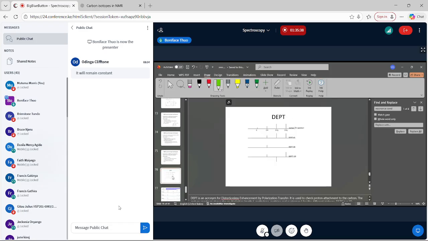We also have another technique known as DEPT, which means distortionless enhancement by polarization transfer. And this is used to differentiate the different types of carbons. So if you look at the normal spectrum, you get all the peaks due to the carbons.